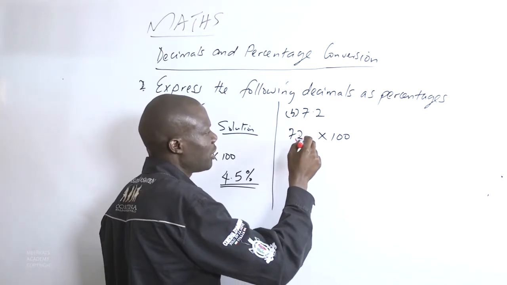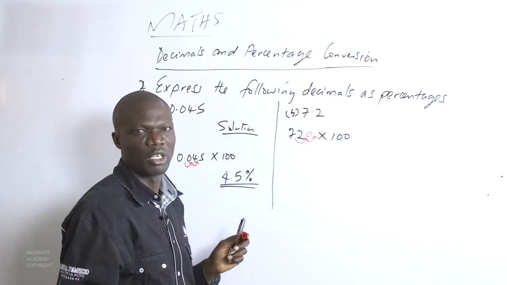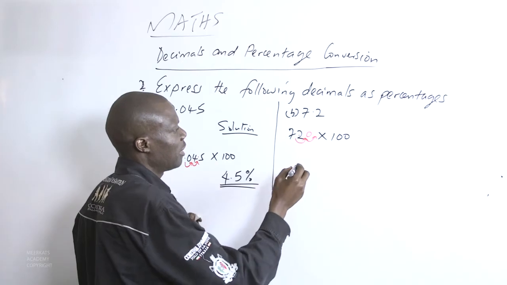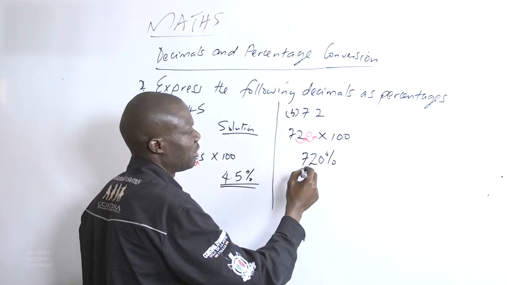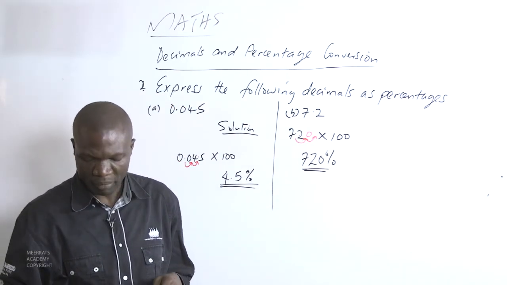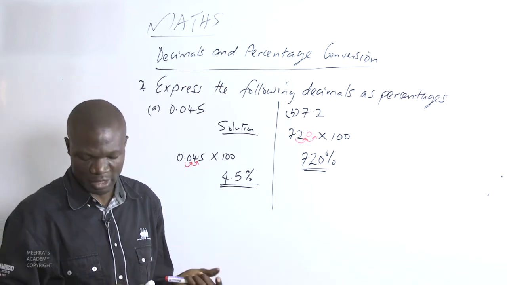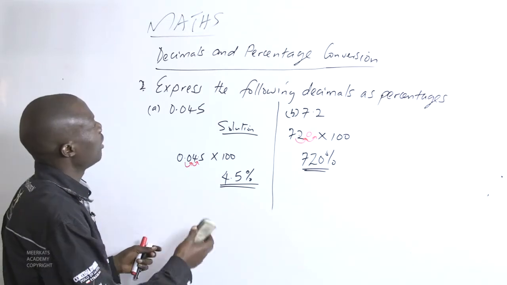The second place it moves, we don't have a figure, we shall put a 0, so it moves and leaves us with 720%. So 7.2 is equivalent to 720%.